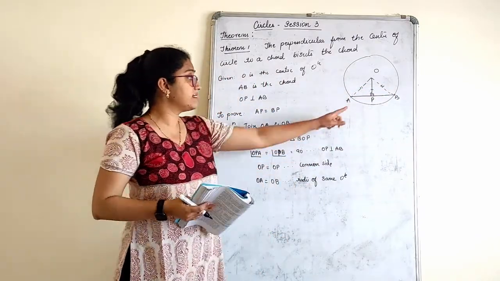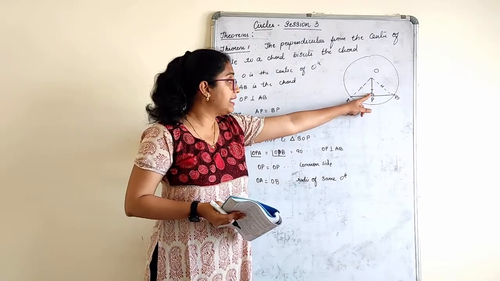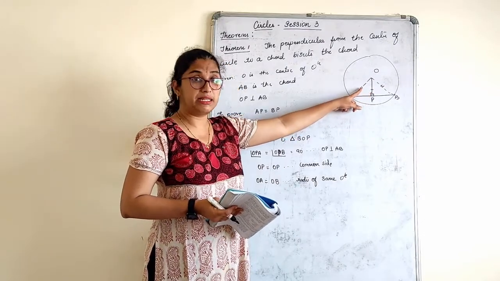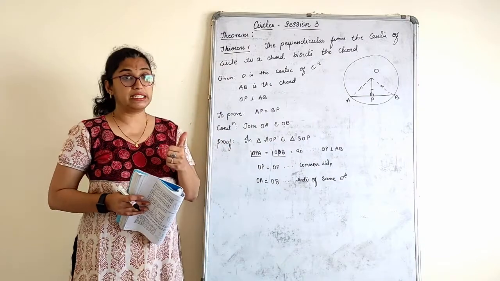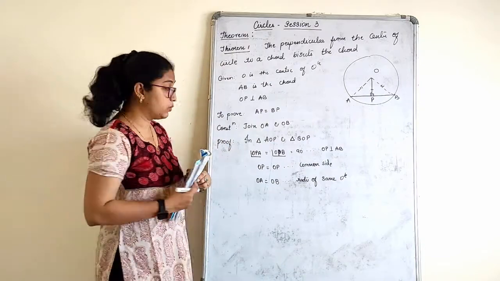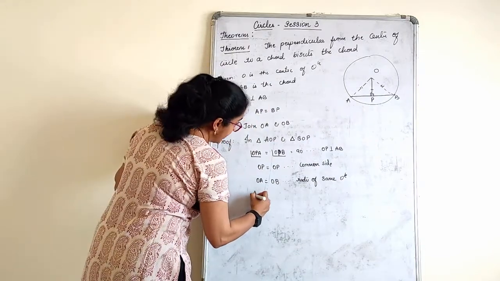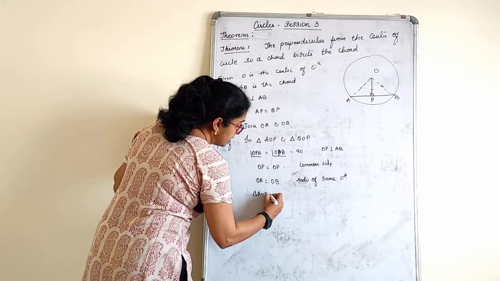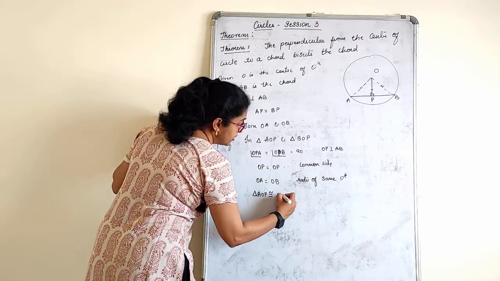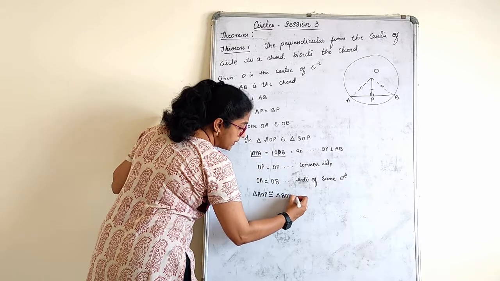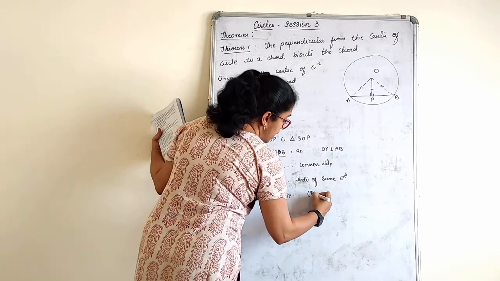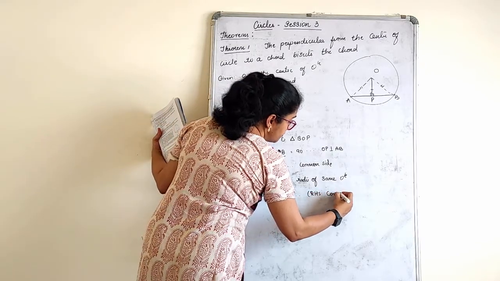But if you see that it is a 90 degree, that means a side opposite to 90 degree is nothing but a hypotenuse. We saw that one 90 degree, hypotenuse and a side is equal. Therefore, triangle AOP is equal and congruent to triangle BOP by RHS congruence rule.